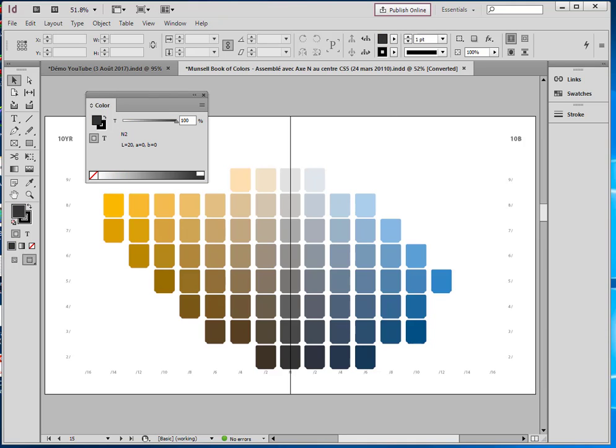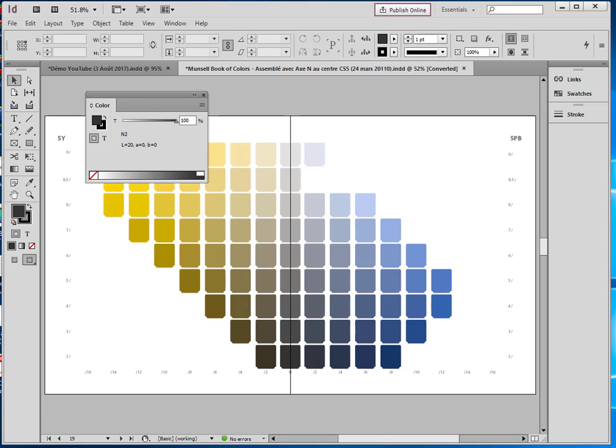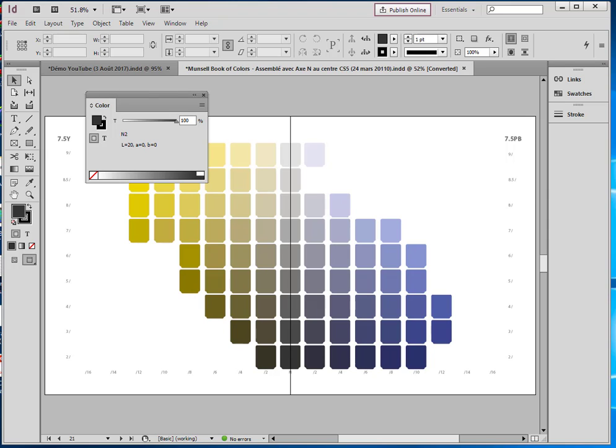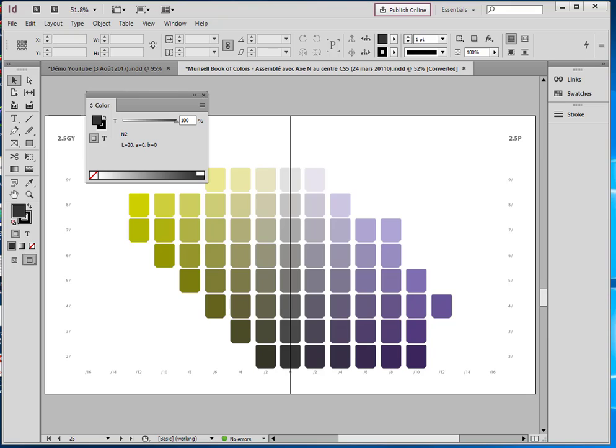Let me see, do I have other interesting color combinations? We're going around the circle and now we're getting into the greens and the purples. The greens and the purples are very, very popular. Just take these two colors for instance, and you can see that these are used everywhere.